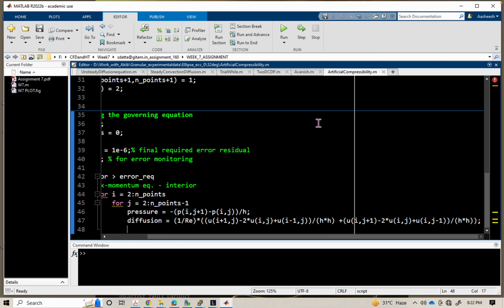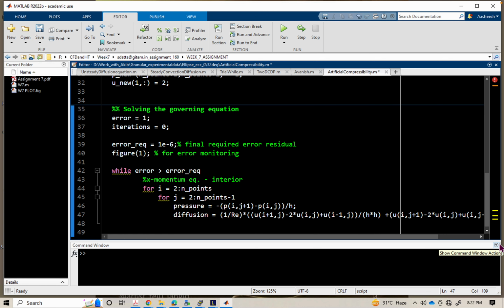The right hand side term is d square u over del x square plus d square u over del y square. That is what I have written here. 1 by R is outside, in that non-dimensionalized form. So this is the central difference of del square u, this should be v, I think. Yes, this is u, this is u, this is u, this is u, del square u.